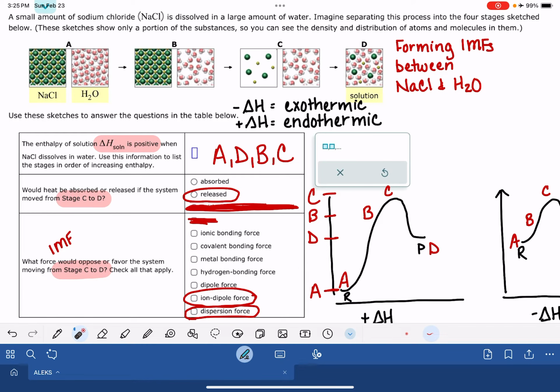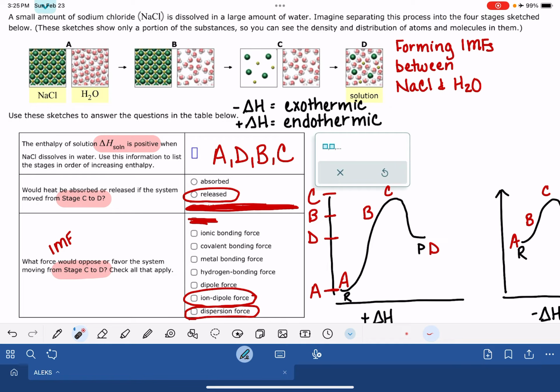Now, one of the things that I do want to point out, and a place that I think you could get really led astray on this problem, is that you're only asked about the IMFs that are being formed in this particular process. So you might be tempted to think, oh, there's water present, and water always has hydrogen bonding, so I should check that as an answer.